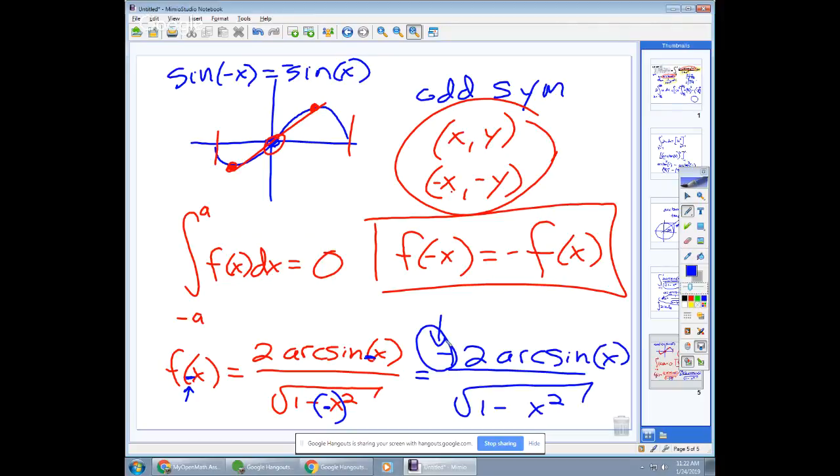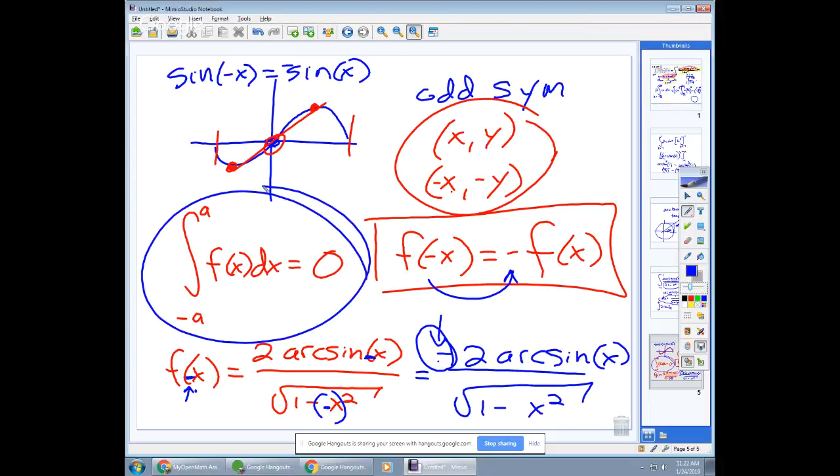I plugged in a negative x, and that negative popped out. That's the definition of odd symmetric. If you can prove that, then you can say, not only does the graph look symmetric, it definitely is symmetric about the origin. If that's the case, then you can just say, hey, it's odd symmetric, the answer is going to be 0.